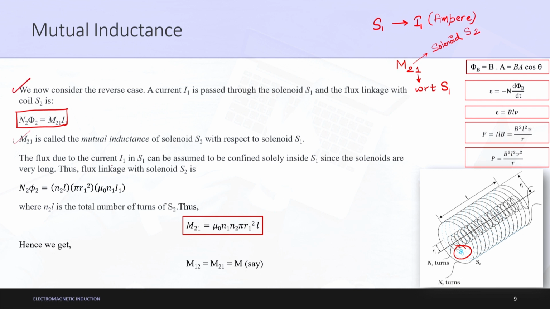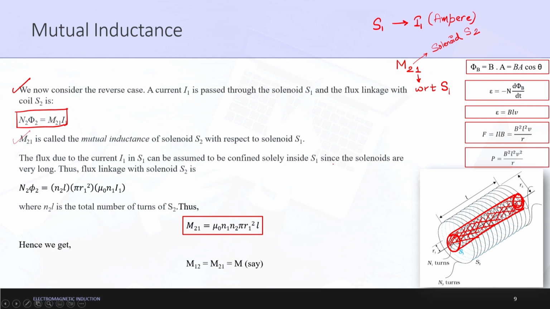The flux due to the current I1 in S1 can be assumed to be confined solely inside S1. If this is the solenoid we are talking about, the current I1 is restricted to this portion only. Hence the flux due to current I1 in S1 can be assumed to be confined solely inside S1, so the flux is also confined in this area only.